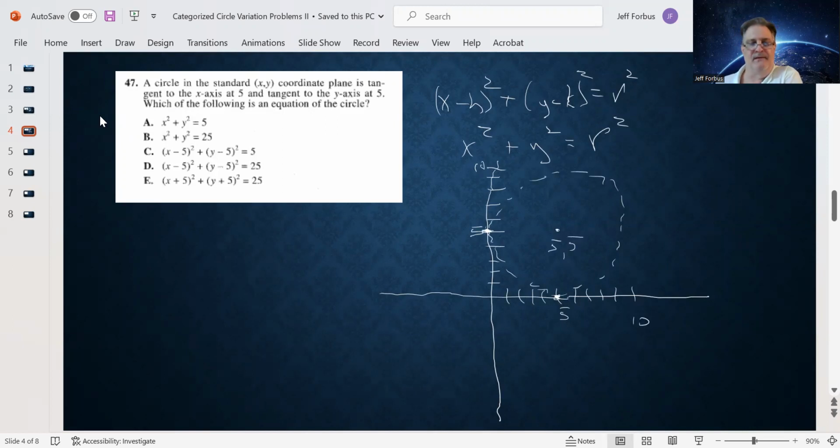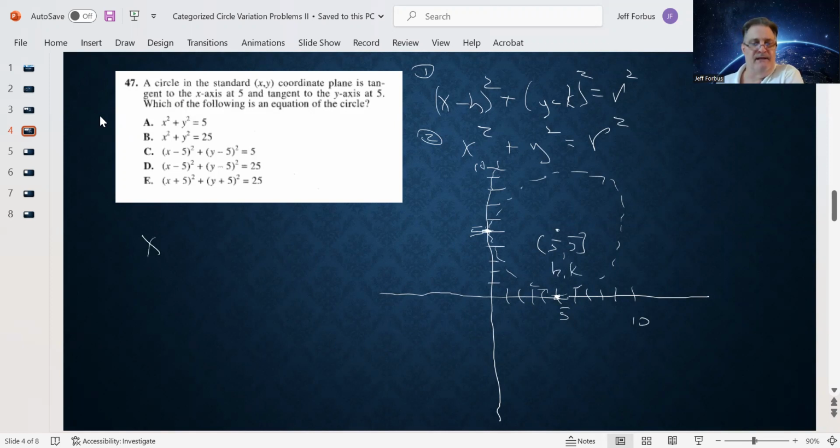With that being said, we can now jump directly to our answer choices. Now, remember, we want to model either the first one or the second one. In this case, we're going to look at modeling the first equation. So our h and our k would be a 5 and a 5.